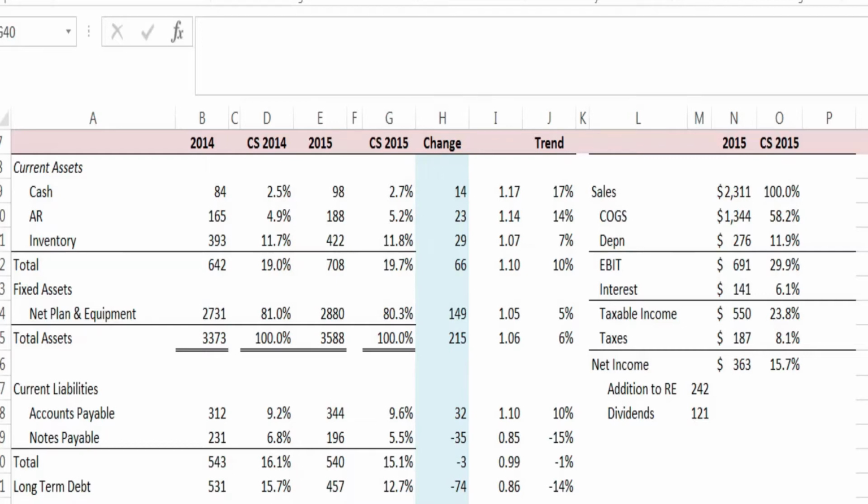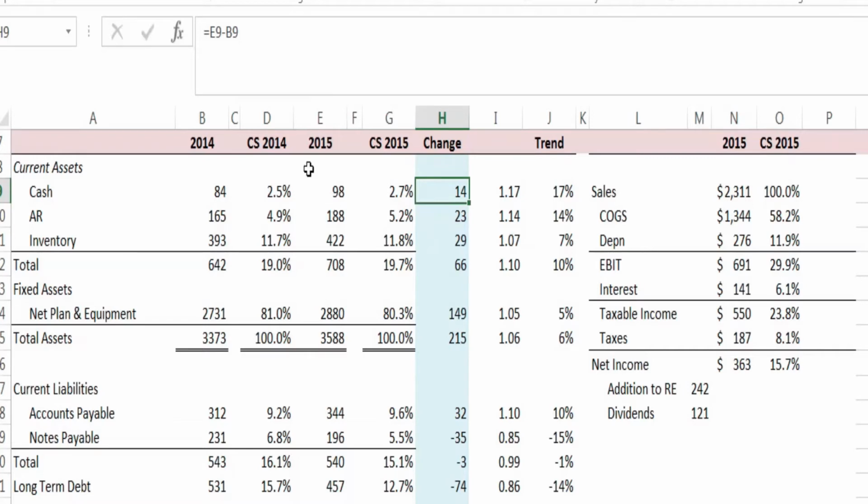So we're going to look at doing this here again for Prufrock, and this will be the second step in a financial analysis of a company. So you'll see we've got the balance sheet and we've got 2014 and 2015 data here. The first thing I'm going to do is a horizontal analysis, and you see here in column H, as I mentioned before, I've calculated the change year over year.